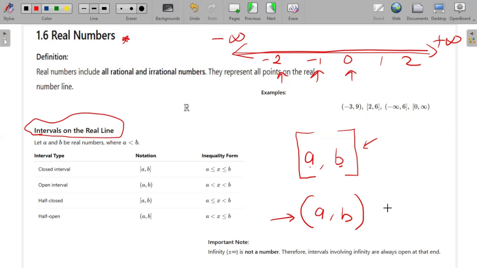The way I've written this interval here is called an open interval. Why is it called an open interval? Because the numbers at the end are not part of this interval. And this one here has square brackets, meaning the numbers at the end are part of the interval.